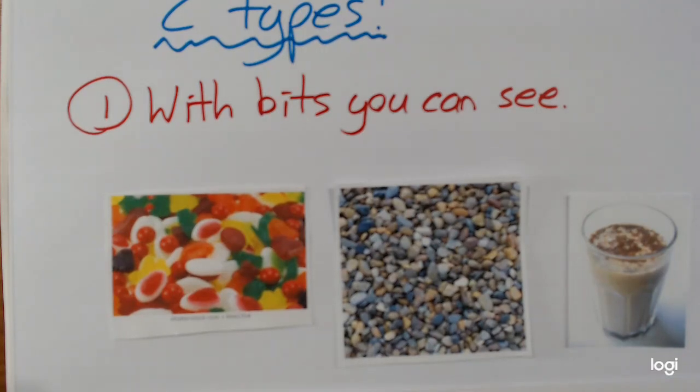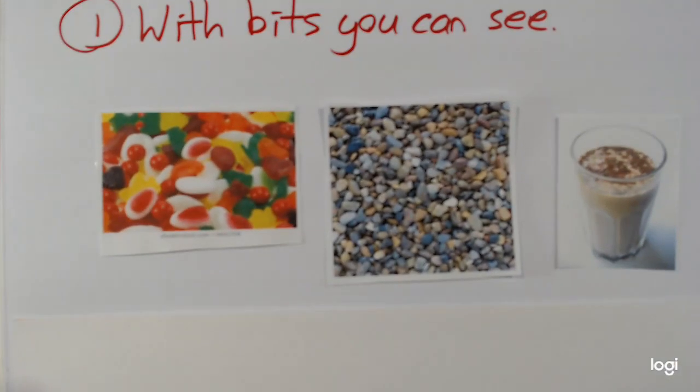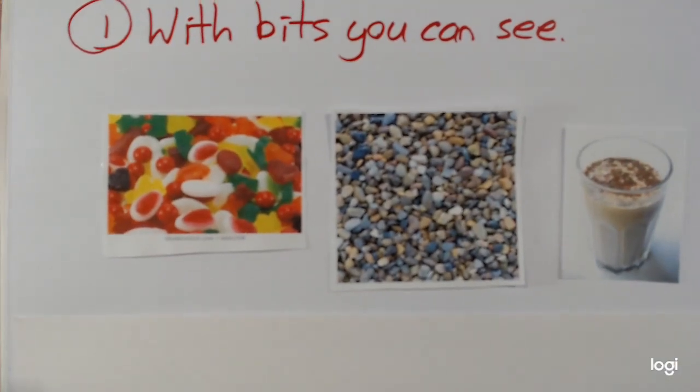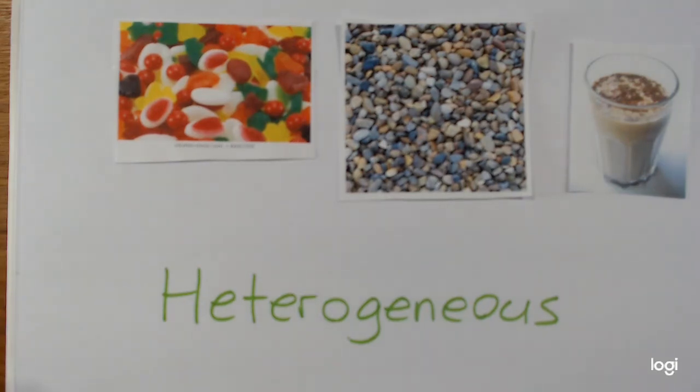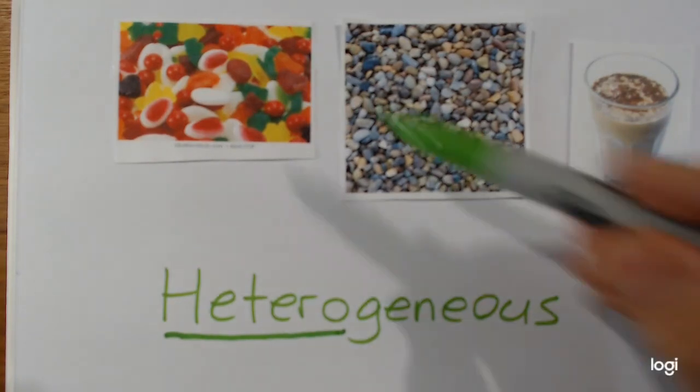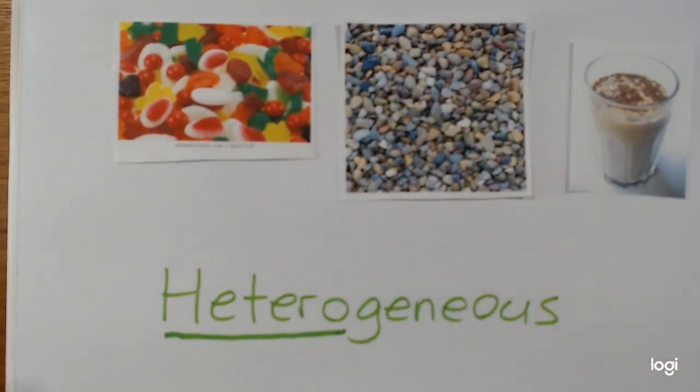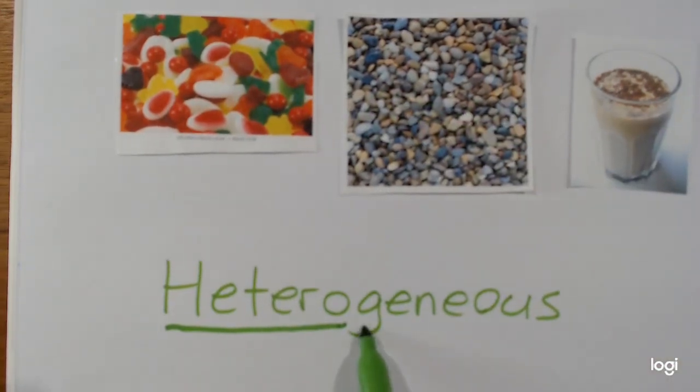Easy. Okay, the hard part is the actual scientific name for this. This type of mixture with bits that you can see, that's the definition I like, but we need to do the scientific definition as well. This is the word, heterogeneous. I know. Hetero means different, right? And you can see the different parts of these mixtures. Now, by the way, that doesn't say genius.